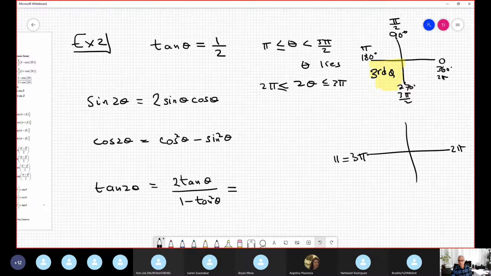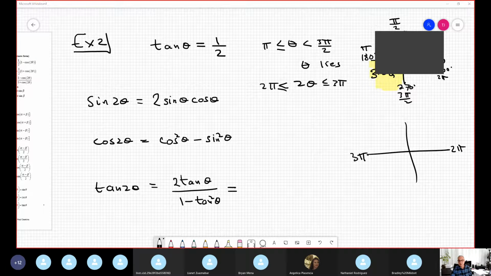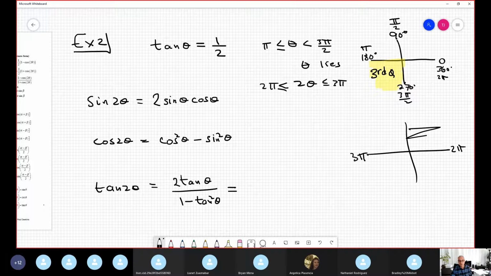So my double angle lies between 2 pi and 3 pi, and I have no idea if it is in the first quadrant or in the second. Maybe it's in the first or the second. I want to investigate this. Do you understand the idea, guys? I say it is always ambiguous. You don't know exactly, but in the last moment you determine it according to the sign.